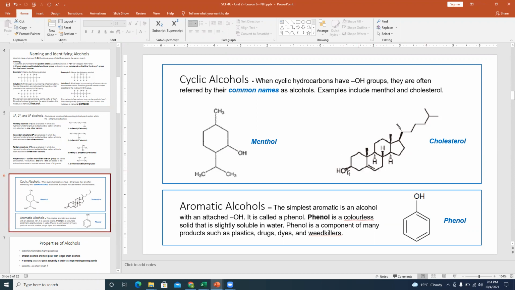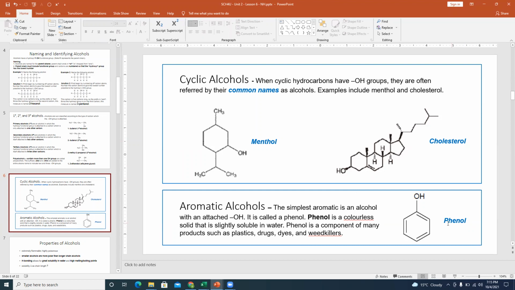Another example is this molecule of cholesterol. It has a bunch of cyclic hydrocarbon groups attached together, and one of them has got this hydroxide group on it. It's a cyclic alcohol called cholesterol. That OL ending is the giveaway. It's what indicates to you that there is an OH group present.